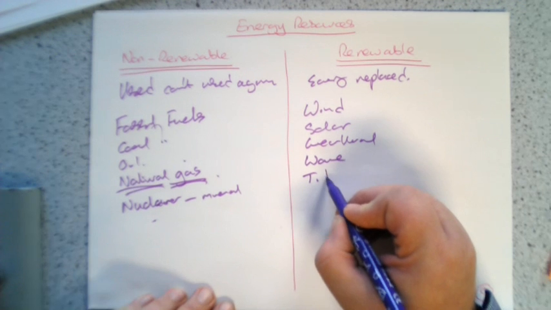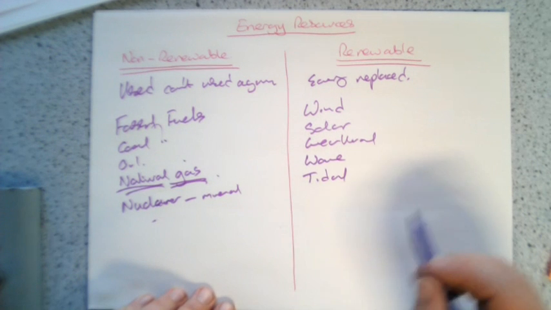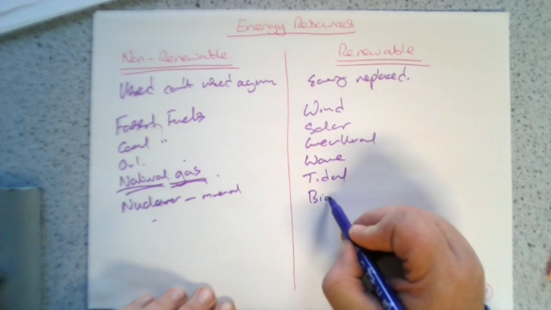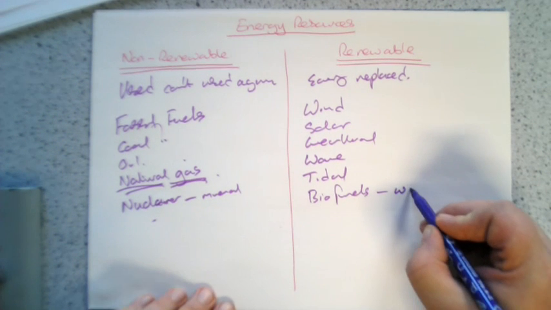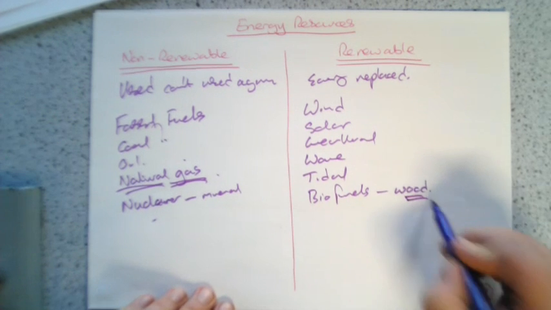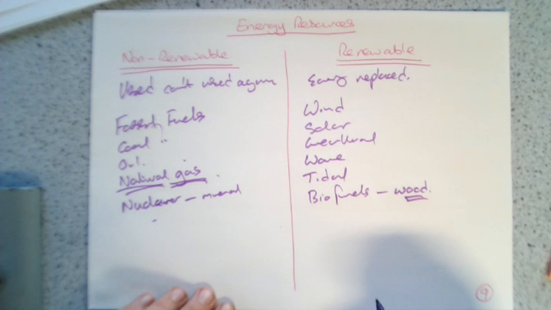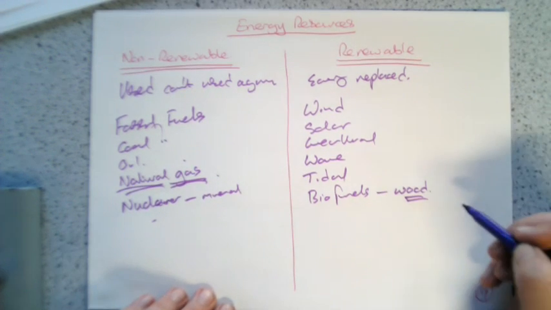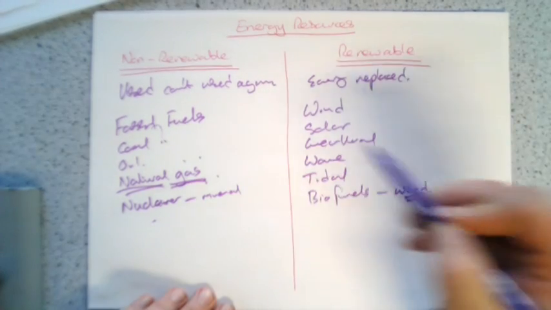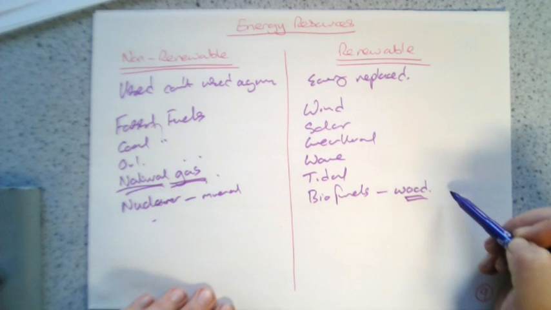Think about tidal. Okay? Think about biofuels. Okay? And when I'm talking about biofuels, that could include wood. Now, let's just think about that. If I burn a tree, I can't get that tree back, but I can grow some new ones to replace it. It's not going to take millions of years, so I can actually do that.